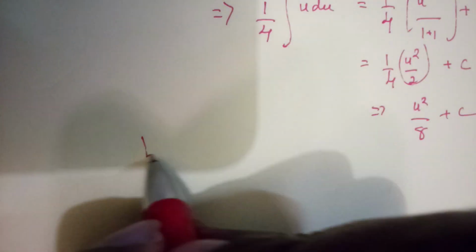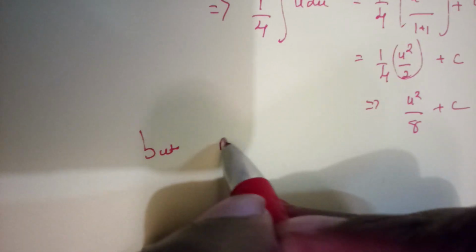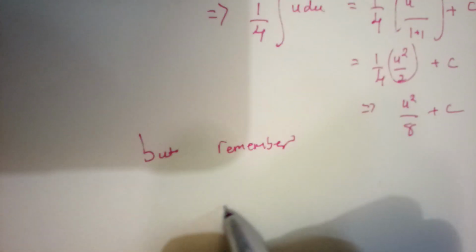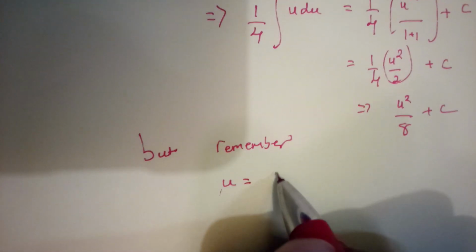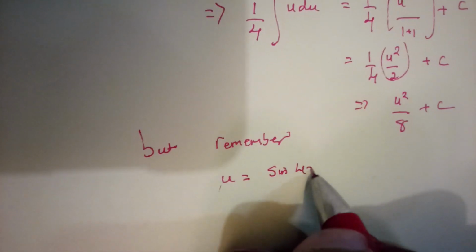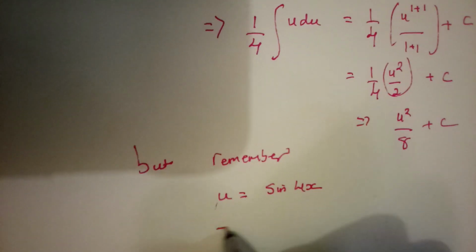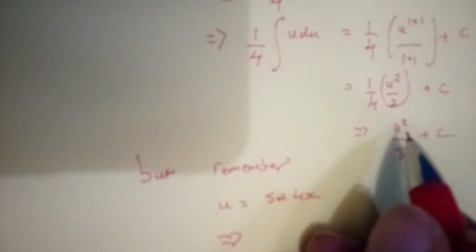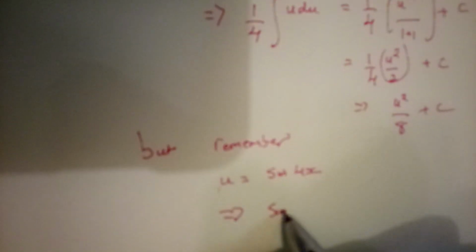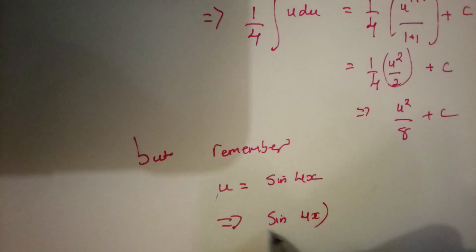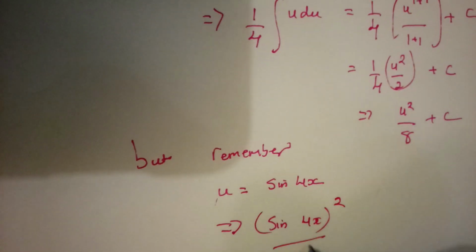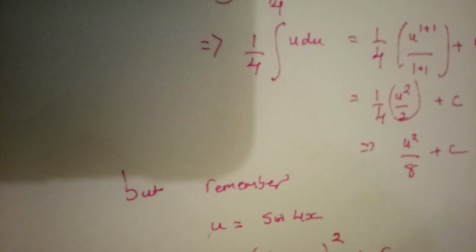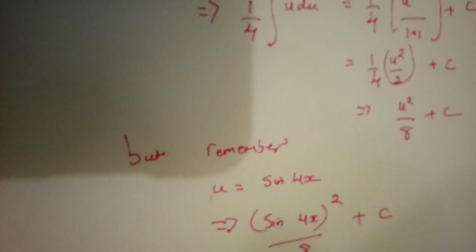But remember, our u was sine 4x, so now you can substitute. Here u squared will be sine 4x squared, all over 8 plus a constant c of integration. This can be written as 1 over 8.